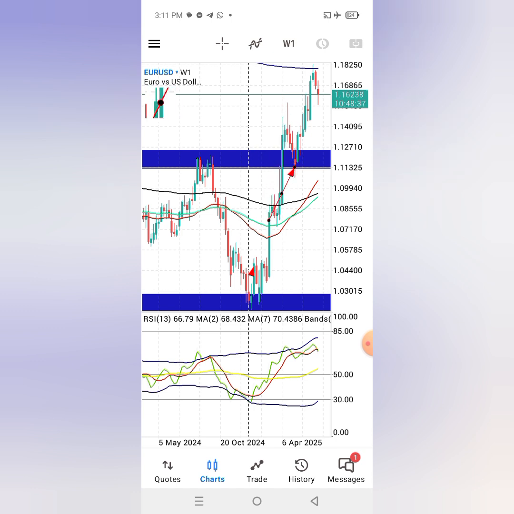And right here, I'm going to find my entries if I'm going to enter using the weekly time frame, for which I wouldn't advise you entering using the weekly time frame. You still need to go down, because on the weekly time frame, you need to have a lot of money in your account that is not going to be wiped out by a small movement.